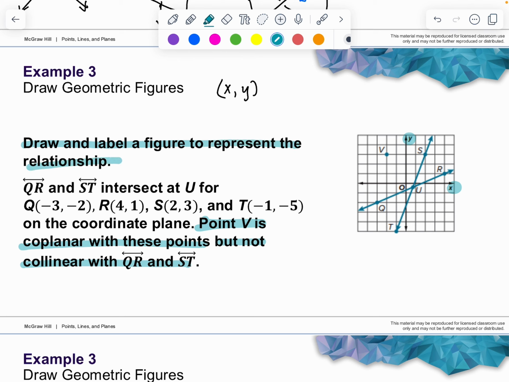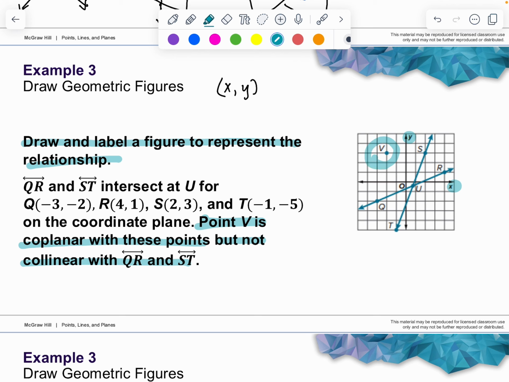So if they drew in these lines, and then they said, draw in point V, they did not tell us where point V was. All they told us was that it was on the same plane, but not on the same lines. So they chose to put V up here.